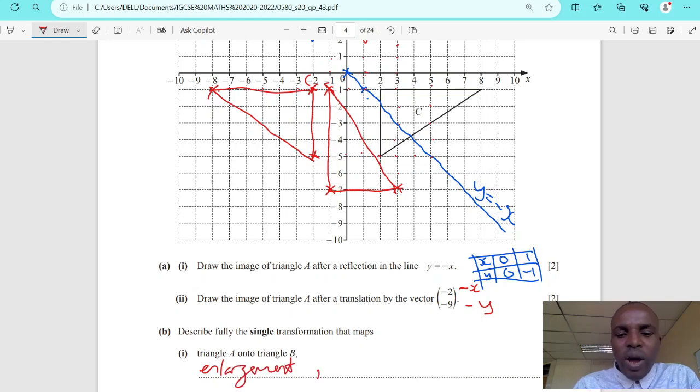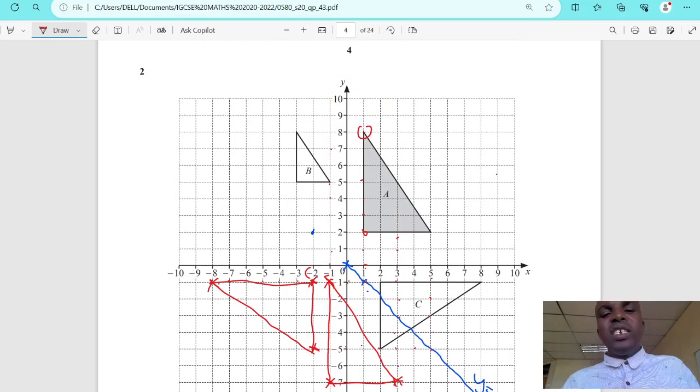This one requires enlargement center and scale factor. Center, you find it by joining the corresponding points, like this point and this point. You join them. Right, you join the other points. I can choose this one and this one.